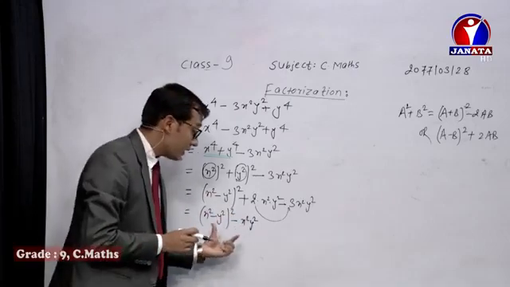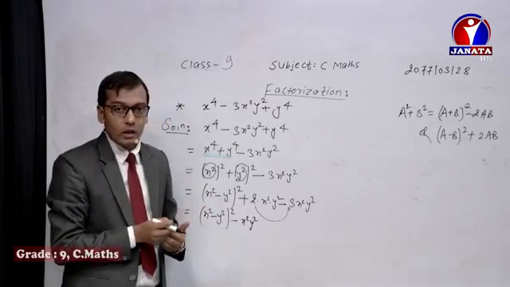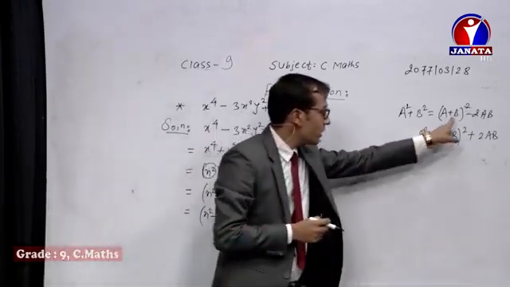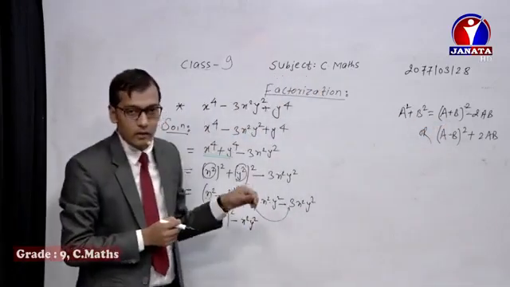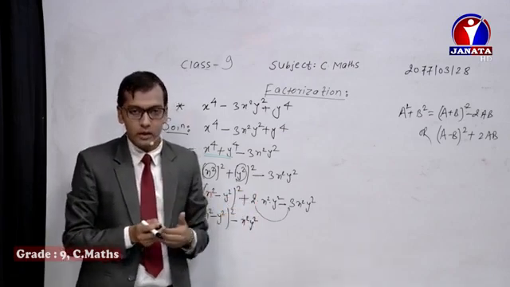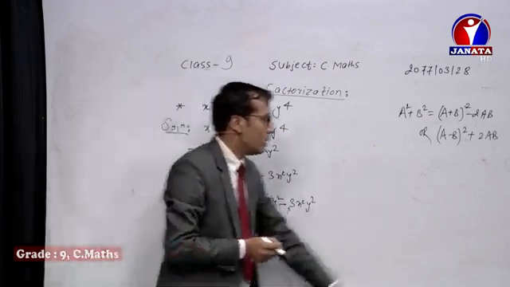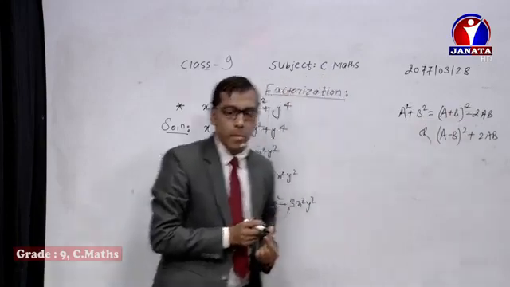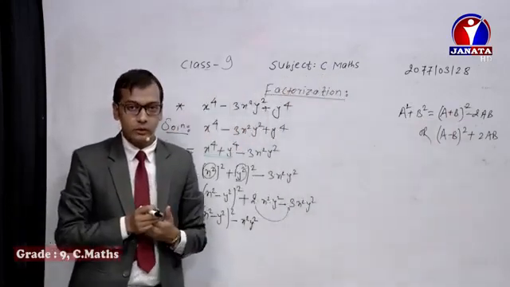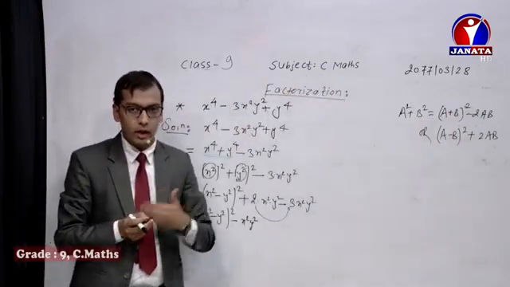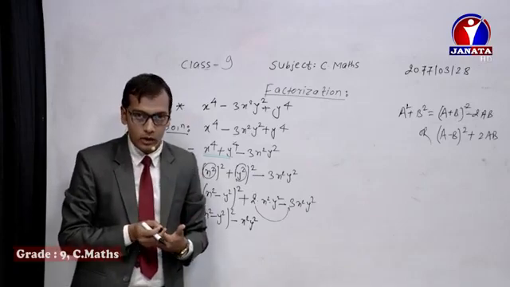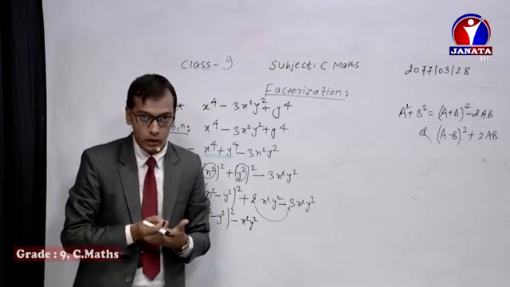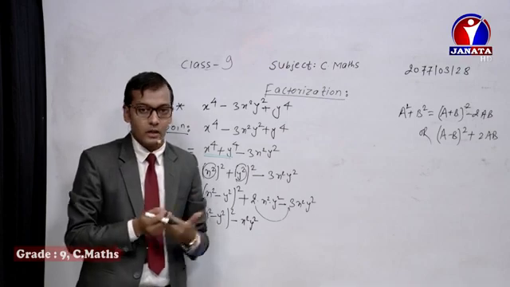After completing this, I will show why we cannot use this first expanded form for this factorization. Its reason is simple. If we use the first expanded form, we cannot convert into a square minus b square form, and there is no further solution. There is no further factorization process.